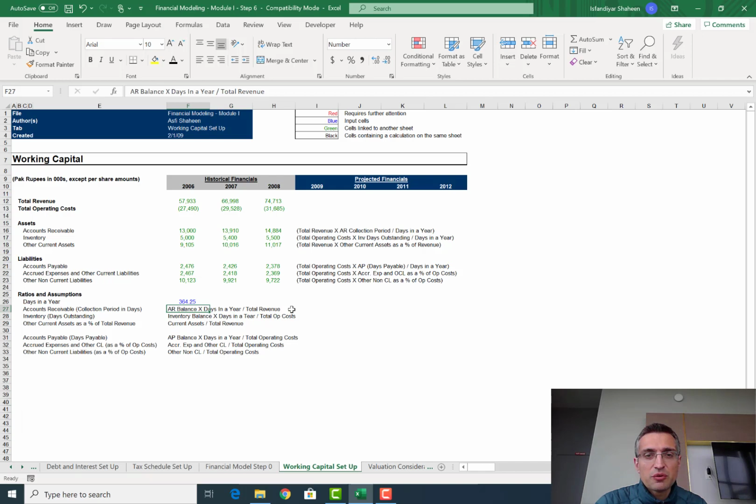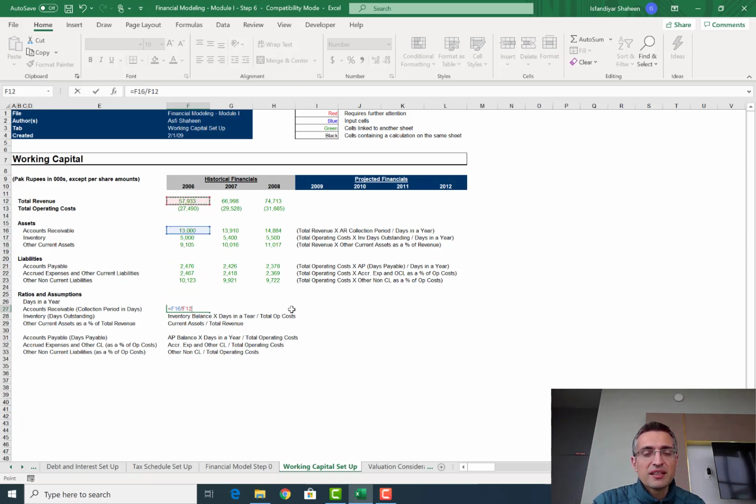So your first task over here is going to be to calculate the accounts receivable days. To do that, you will say, okay, accounts receivable as a percentage of revenue is roughly 25%, but we want to reflect this in days.